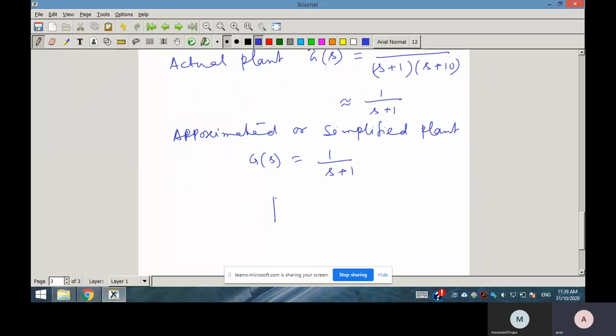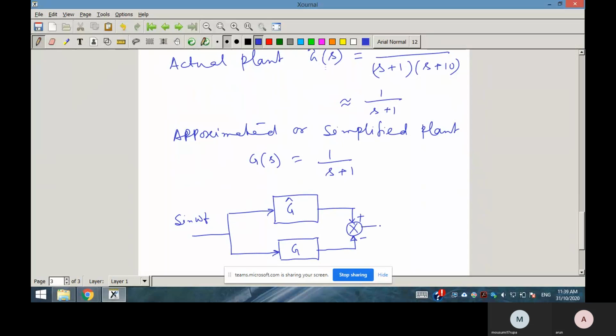Suppose your G hat is your true plant and G is your approximated plant, and we will give a sinusoidal input of varying frequency omega, and you will see what the error is. Of course here I have assumed that both G and G hat are stable. So this is your E_a.